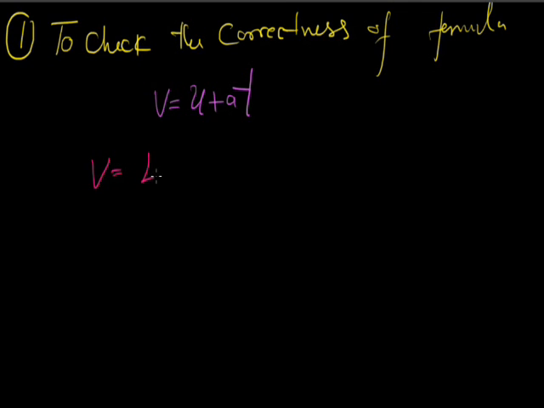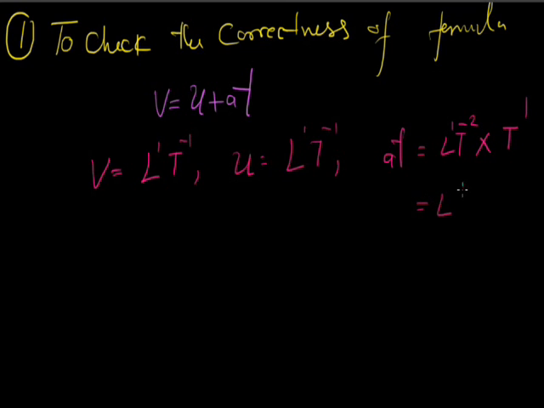We know that the dimension of V is L1 T minus 1. Dimension of U is also L1 T minus 1. Dimension of AT is A, L1 T minus 2, into T1, so it is also L1 T minus 1.